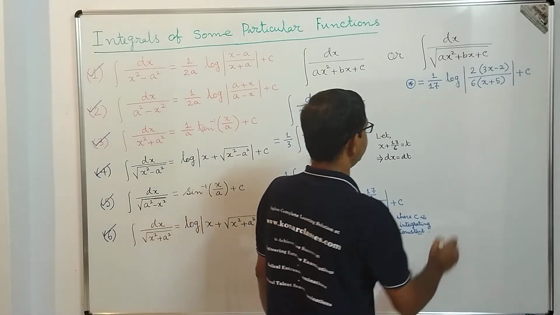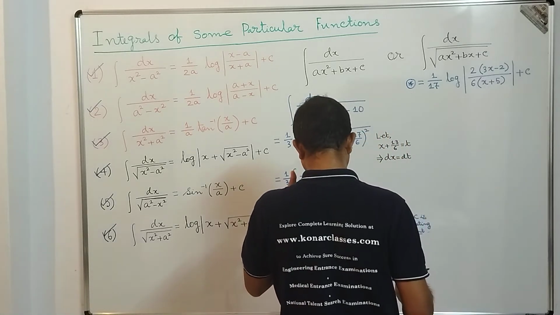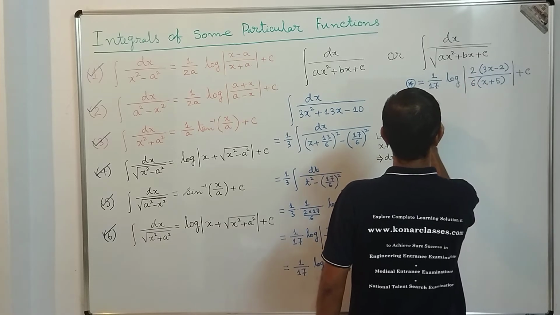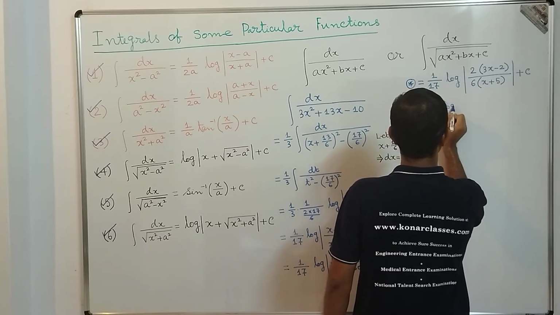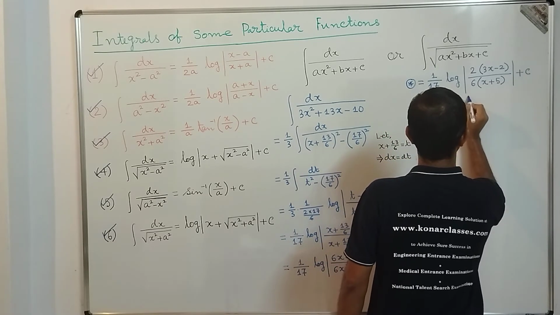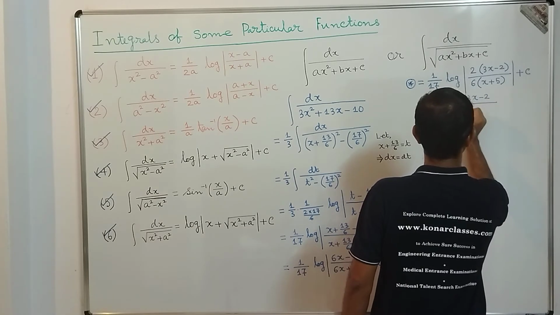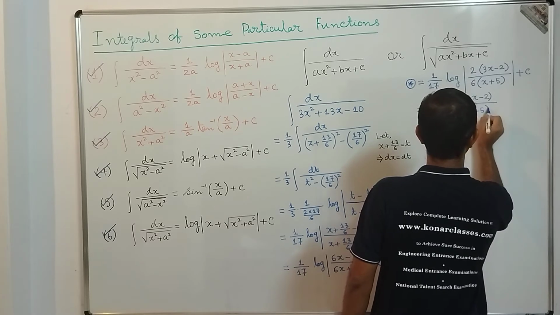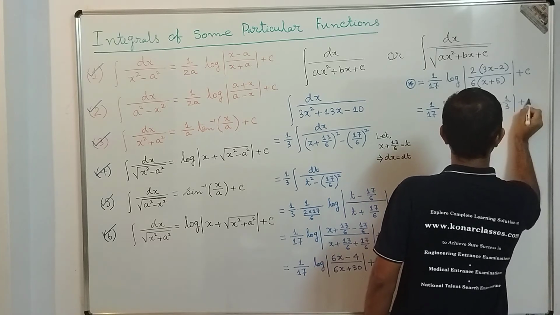So then what we are going to get is 6x plus 30, correct. Here 2 and 6 will get cancelled, so it becomes 3. So it is equal to 1 by 17 into log mod of 3x minus 2 divided by x plus 5 into 1 by 3 plus c.